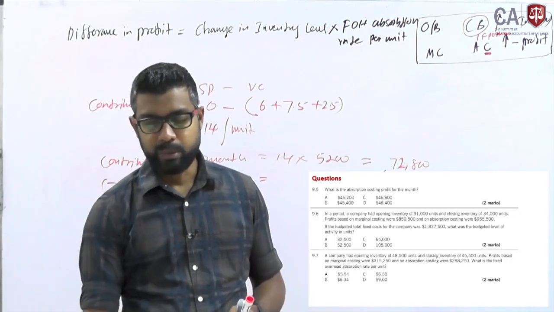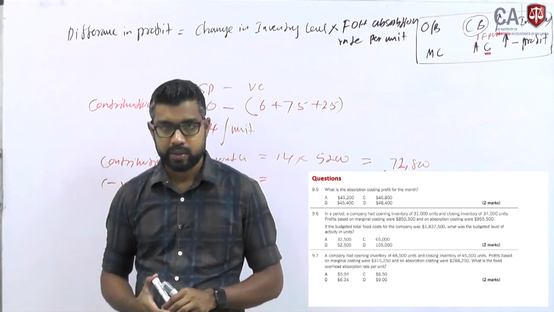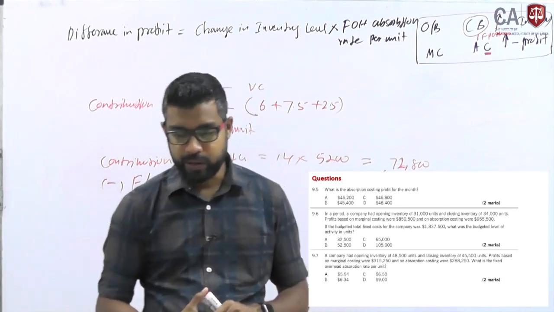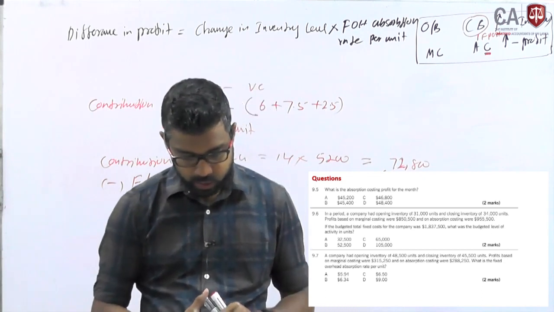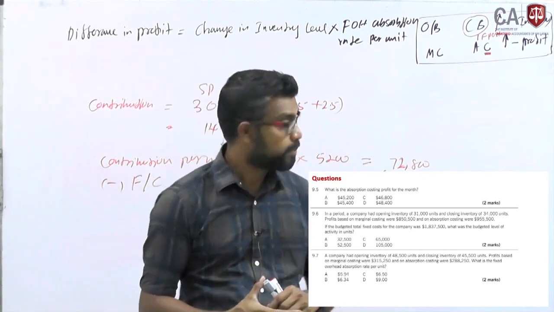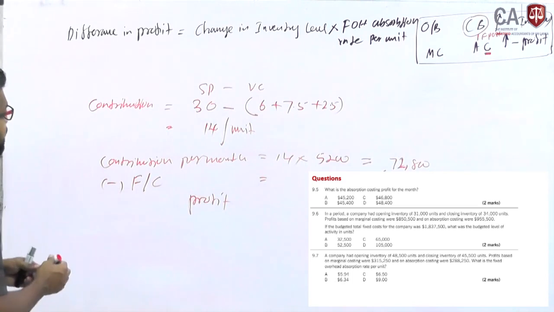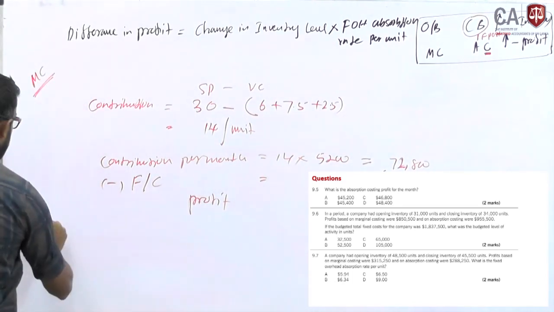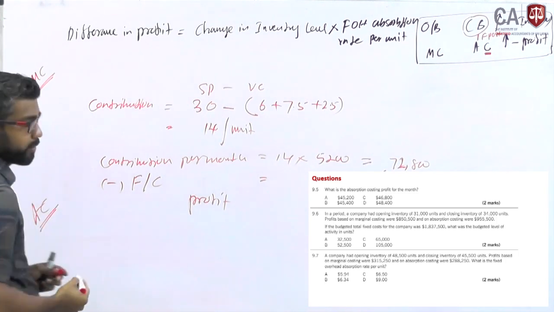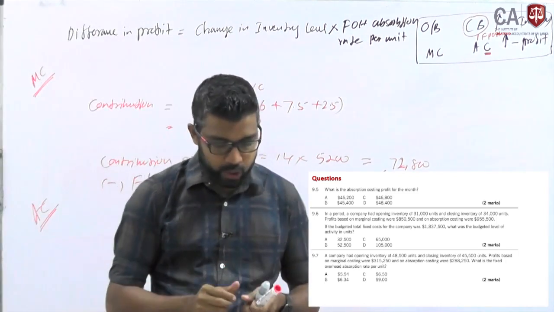Question number 5 is also based on what? The same information. What is the profit based on absorption costing? You have to calculate the profit based on absorption costing. Now, this is marginal costing, absorption costing. How do you calculate profit? Right? You have sales.